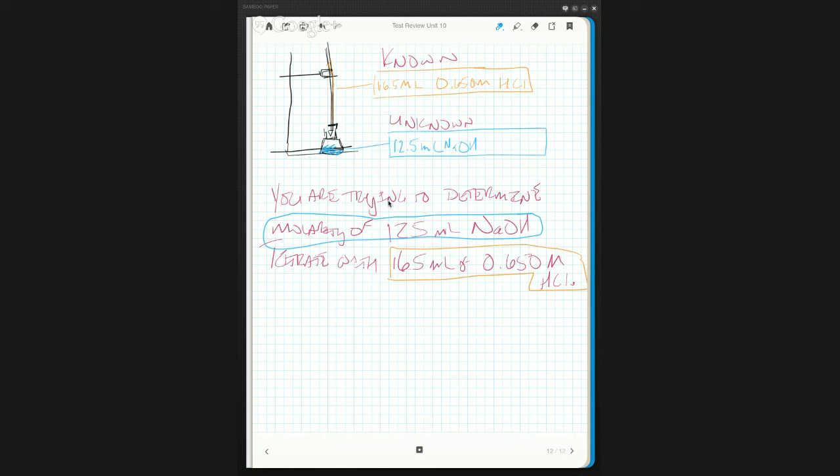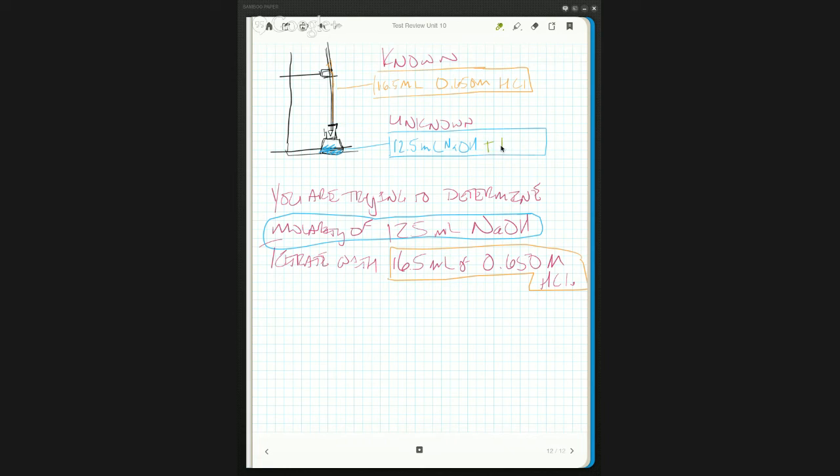Okay, good. Now, if you forgot your indicator in the Erlenmeyer flask, you would not know when your reaction changed color. You wouldn't know when it ended. So you have to add the indicator.